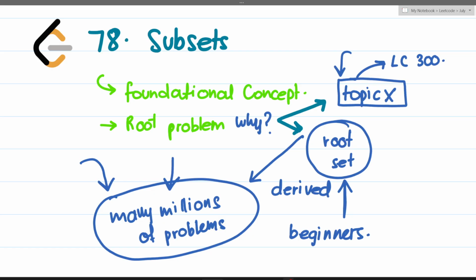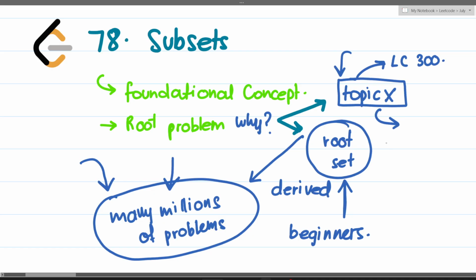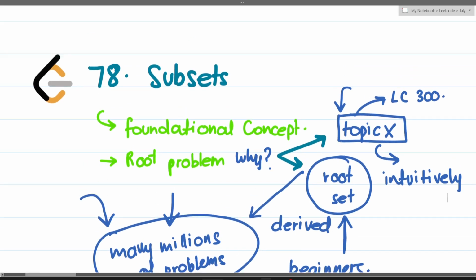Now I'm not revealing the topic right now, the concept which we are going to use, but we are going to discover the solution intuitively, right? We are going to build our thought process and then ultimately stumble upon how the problem is actually being solved, right?